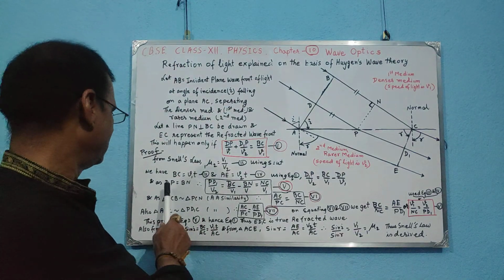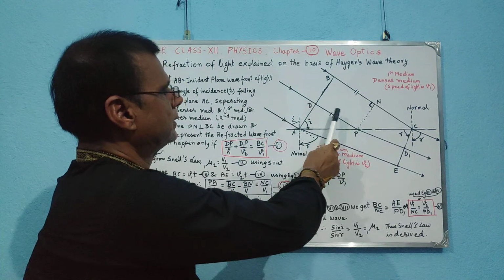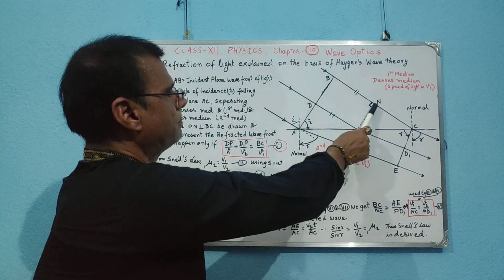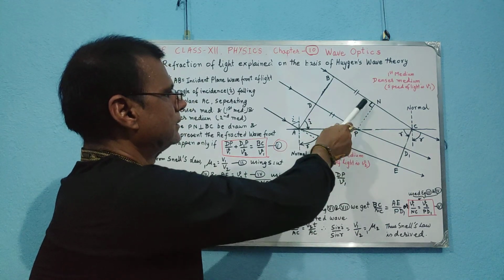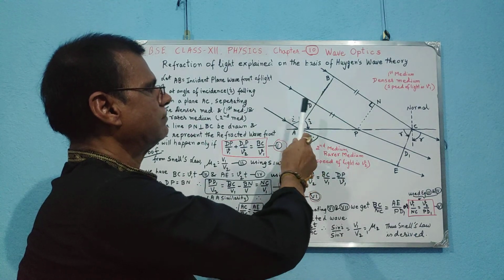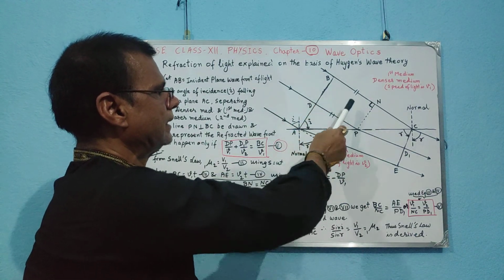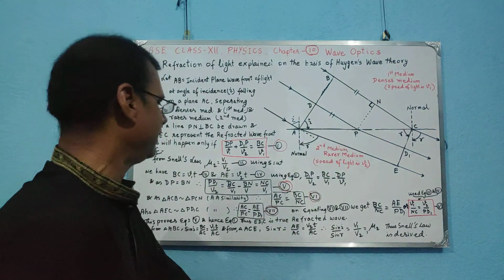We have also made a construction: we have drawn a line perpendicular to BC from point P, and let it fall at point N. Since it is a rectangle, opposite sides must be equal, therefore we have DP equal to BN.